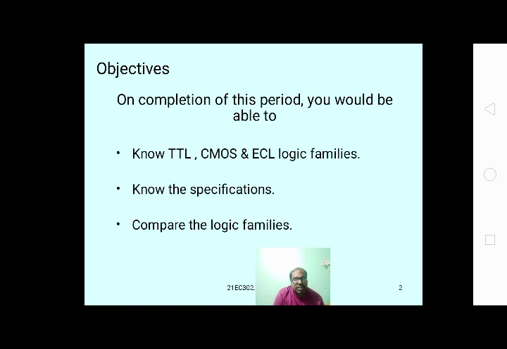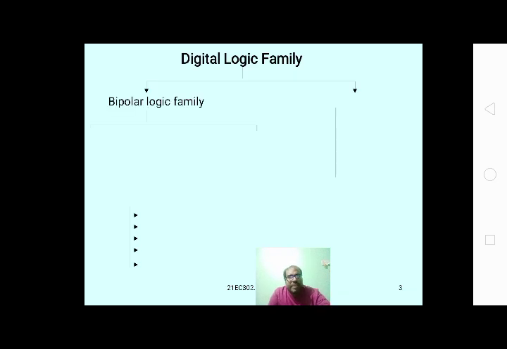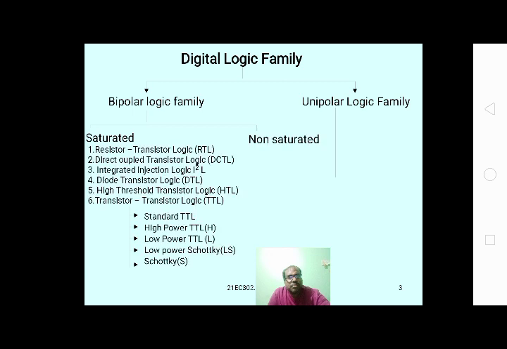CMOS and ECL we can also clearly observe in these logic families. Okay, now we are going to the topic: the classification of logic families.